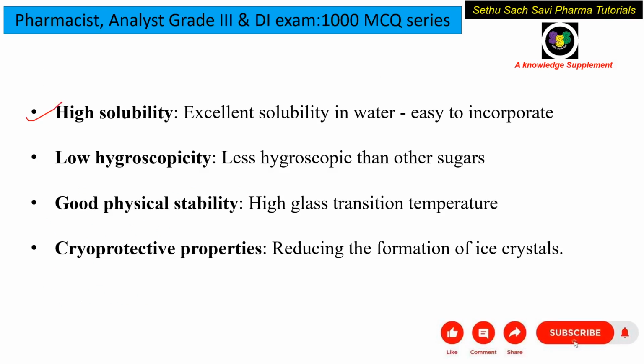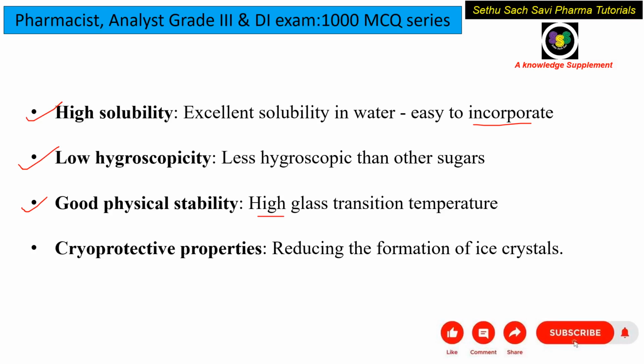Right? It is having excellent solubility in water, and it is easy to incorporate. Right? It is having low hygroscopicity when compared to other sugars. Now, it is having good physical stability. Physical stability means the Tg, or the glass transition temperature, will always be high.